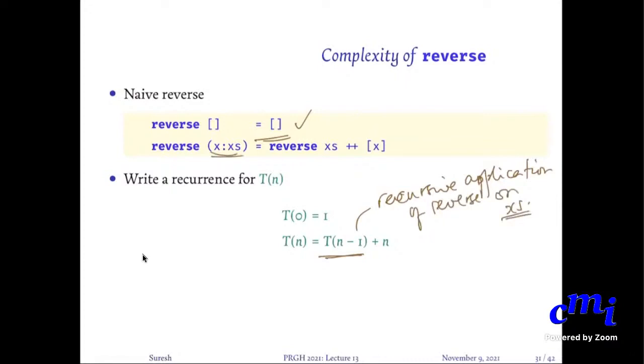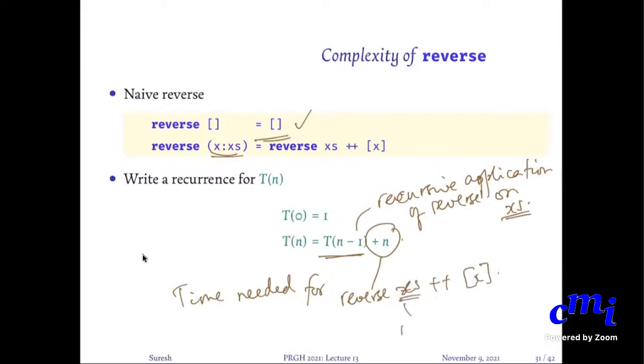If x colon xs is of length n, xs is going to be of length n minus 1. And what is this plus n? This is the time, or number of steps, needed for plus plus; I'll say time and number of steps interchangeably. Why is it n? Because xs itself is of length n minus 1 and the time taken is n minus 1 plus 1, which is nothing but n.